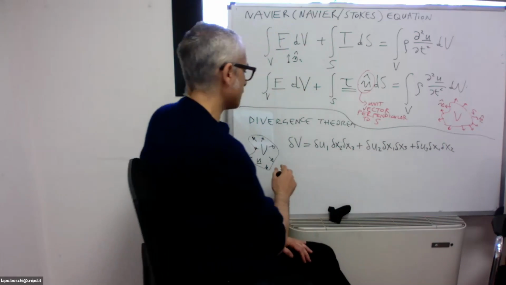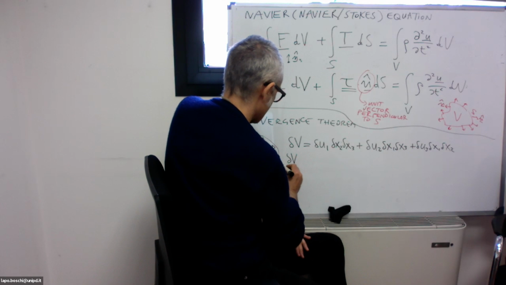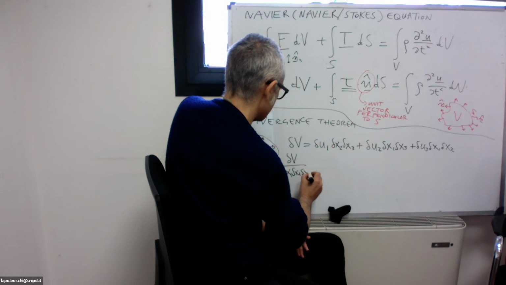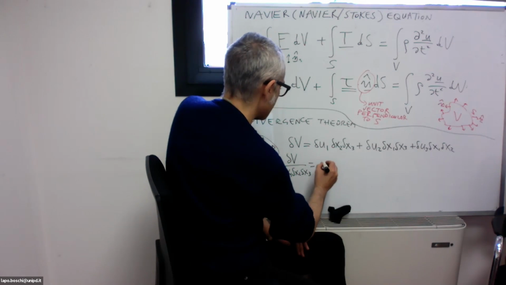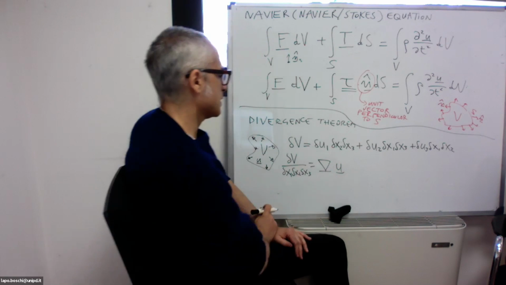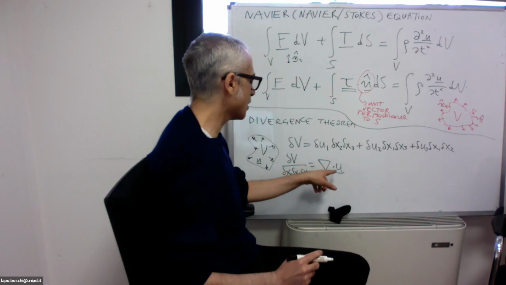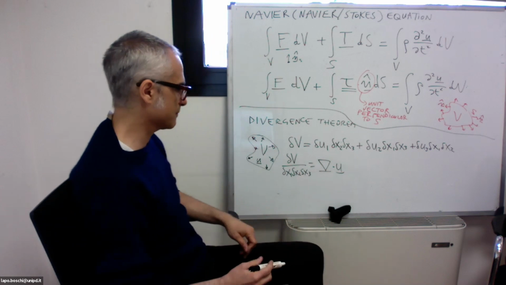And from that, if I divide both sides by the volume, which would be delta X1, delta X2, delta X3, I get the divergence of the displacement. Here, this is the nabla, but here I have a dot product, so that's a divergence.